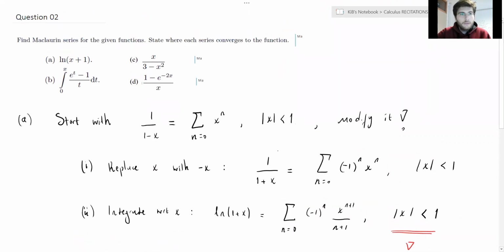Fine, so what was part B? Let's try to understand part B, which is this one.